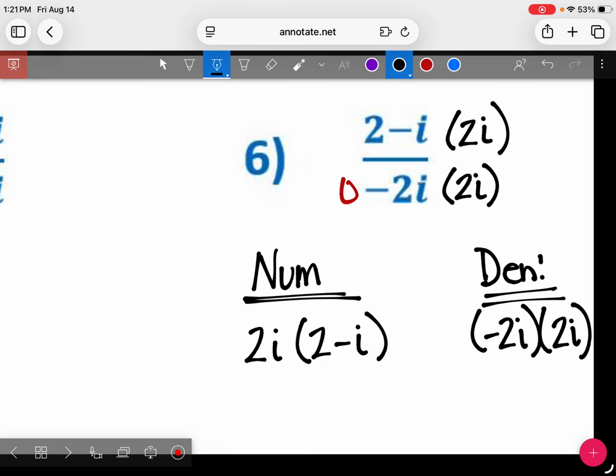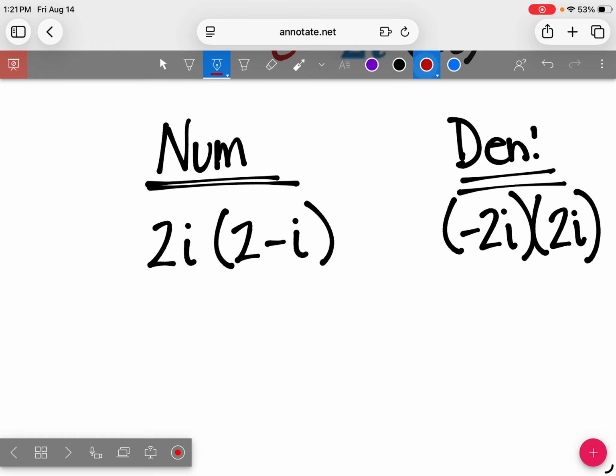So let's go ahead and simplify. We'll start with distributing. 2i times 2 is 4i. 2i times negative i will be negative 2i squared.